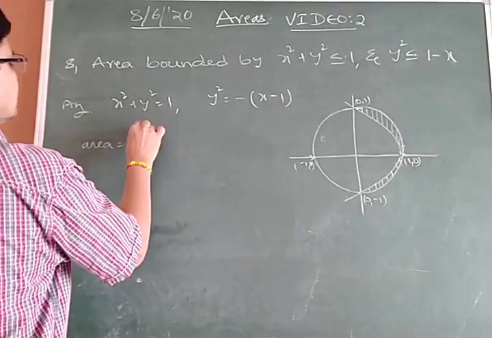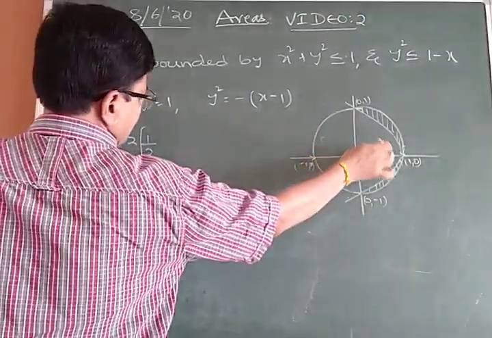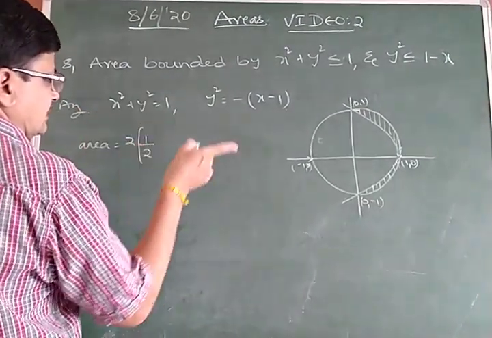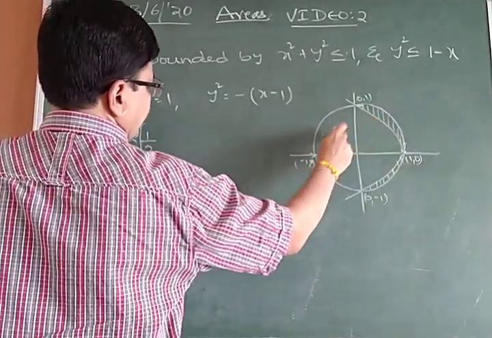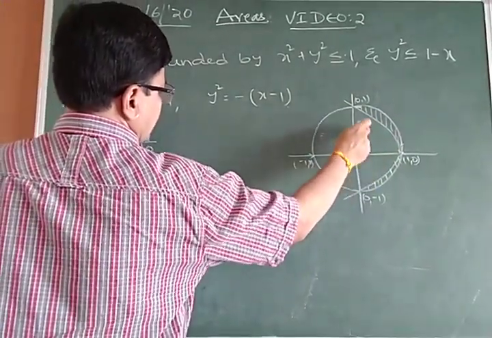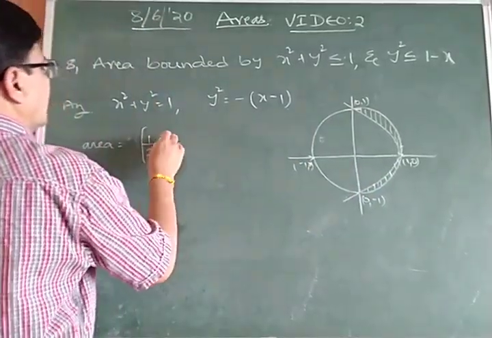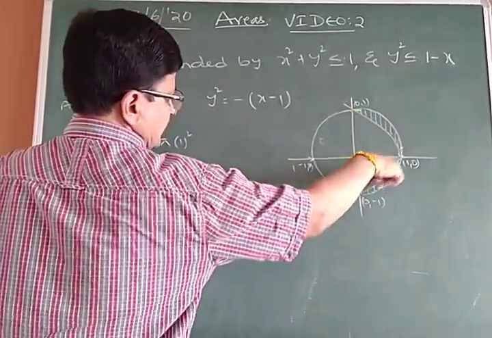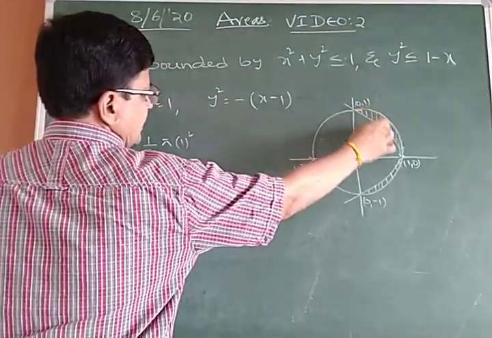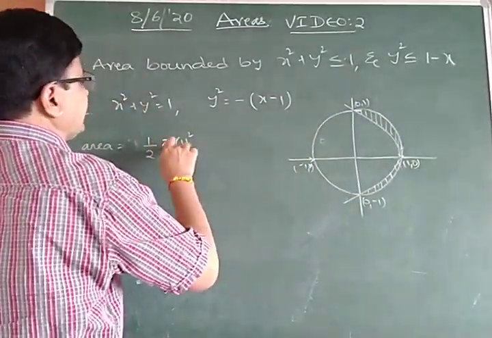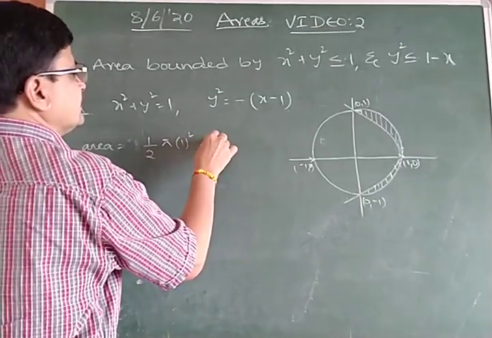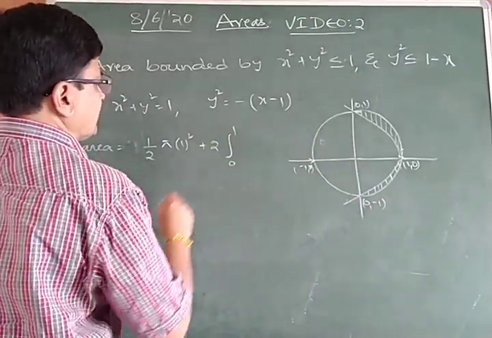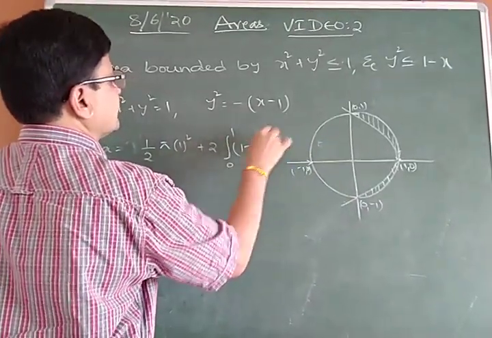The complete area of the circle is pi r square, but here we are taking only a semicircle, so half into pi into r square, r is 1, plus 2 into integral 0 to 1 of the parabola, 1 minus x dx.